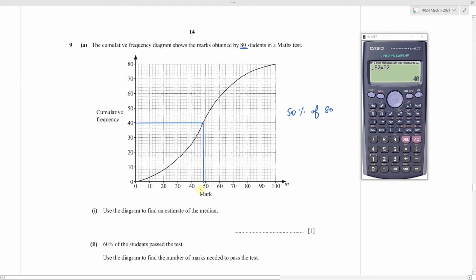So this will be 40, 42, 44, 46, 48. So your median value is 48.